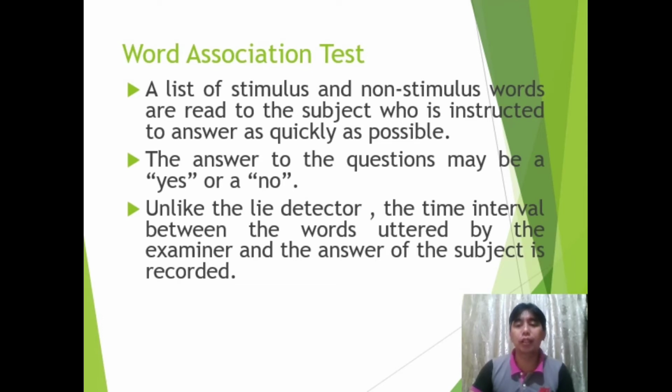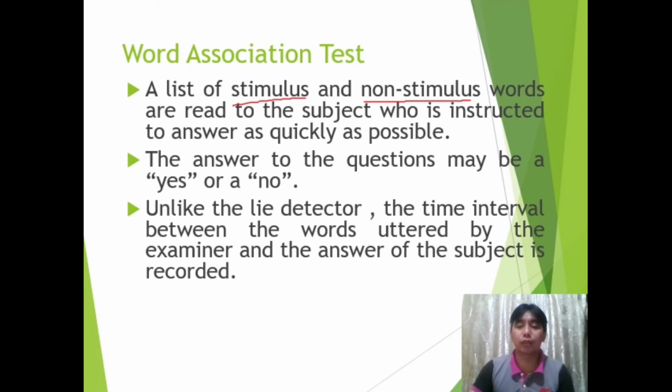So accordingly, there will be around 15 to 20 questions that will be asked to the subject, and these questions are composed of stimulus or non-stimulus, which means relevant, again, relevant or irrelevant question. So I want you to remember this, that in word association test, instead of relevant, they call it stimulus, and then non-stimulus.